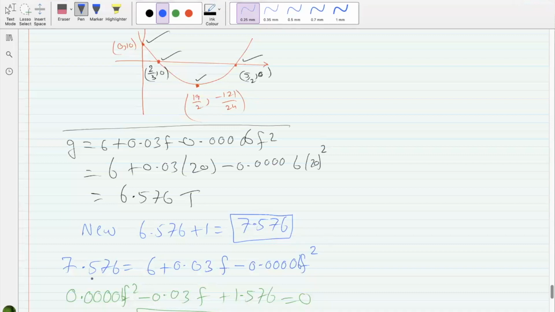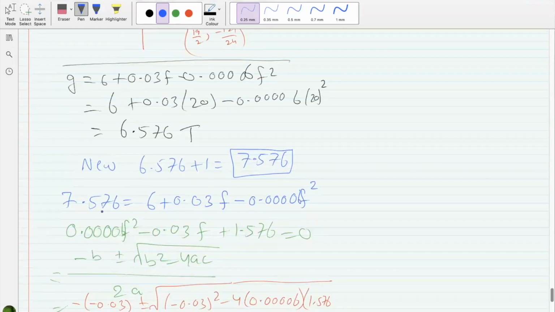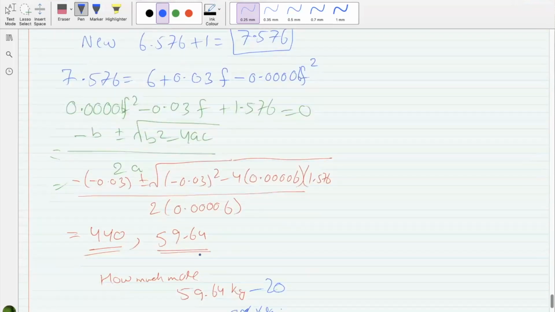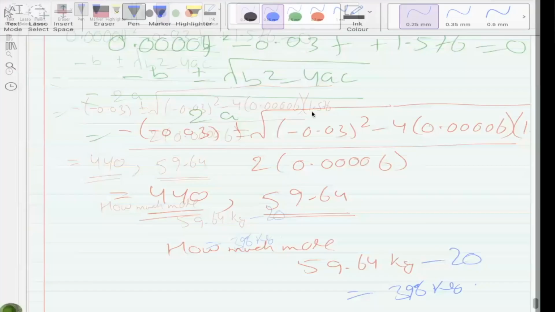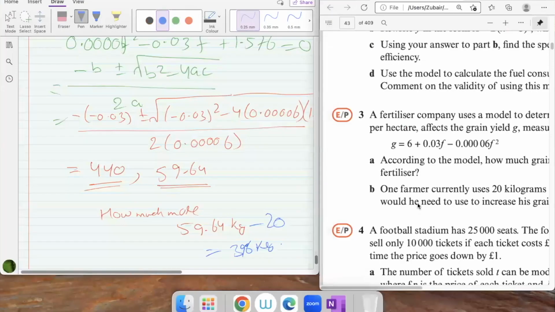Now this is known and the amount of fertilizer, which is F, is unknown. We plugged in the value, solved for the missing value using the quadratic formula, and got these two values. We were already using 20 kgs, so 59 minus 20 gives you 39.6. So he should use 39.6 more to increase his yield by 1 ton.